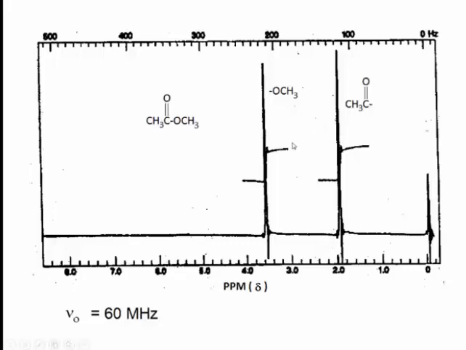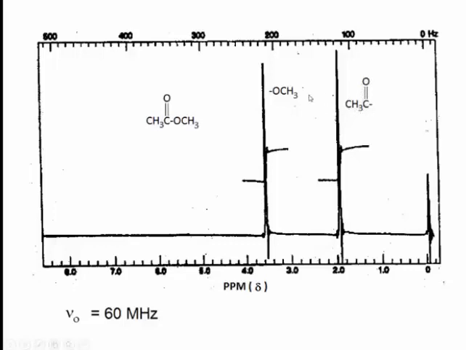Which methyl is which? Well, it turns out that an oxygen atom has a stronger electron withdrawing effect than a carbonyl group. Consequently, the oxygen of the methoxyl has a greater de-shielding effect on the methoxyl methyl, a greater de-shielding effect than the methyl bonded to a carbonyl group.